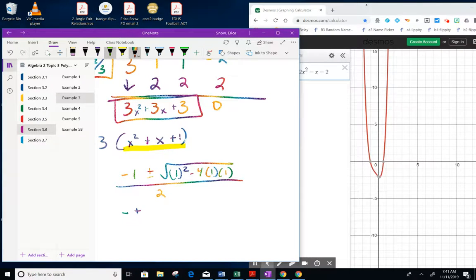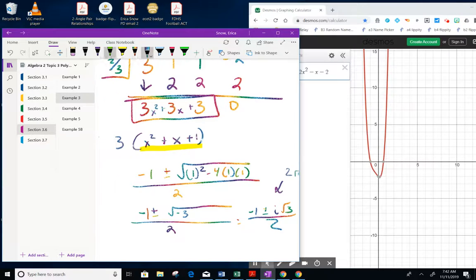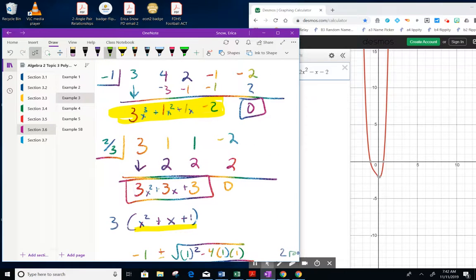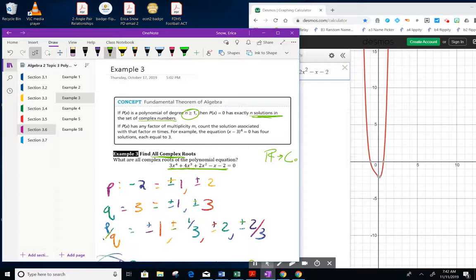So we get negative 1 plus or minus the square root of negative 3 all over 2, just going to give us negative 1 plus or minus i root 3 over 2. And so now we have 2 roots here, and we have 2, 3, 4 roots to our quintic with 4 to the 4th power.